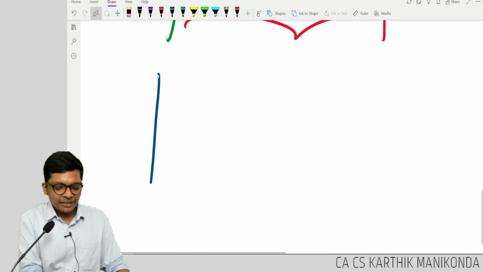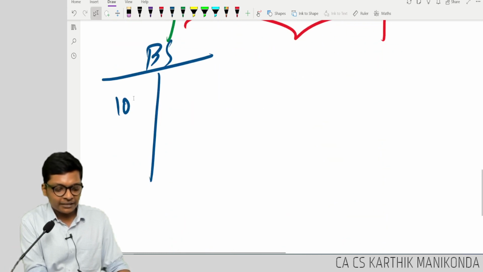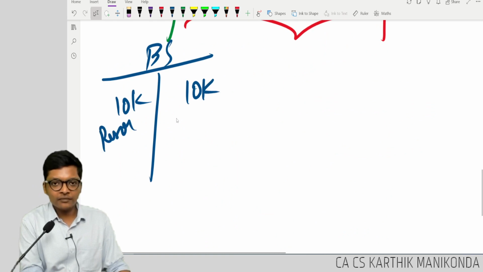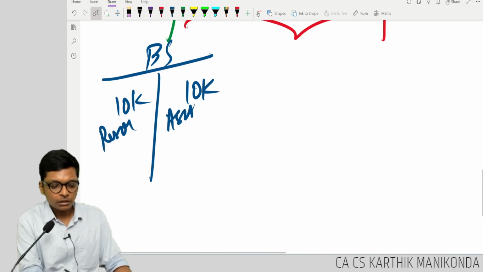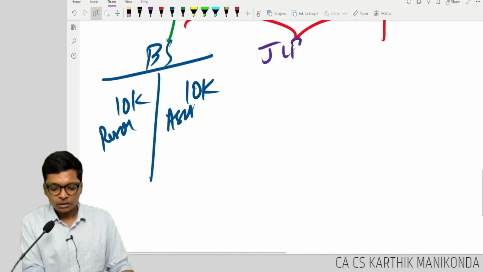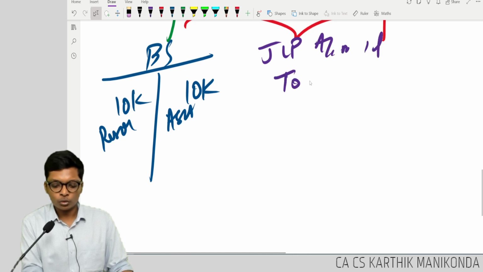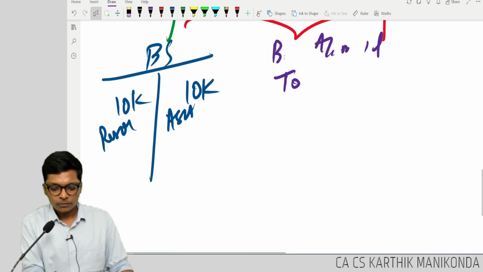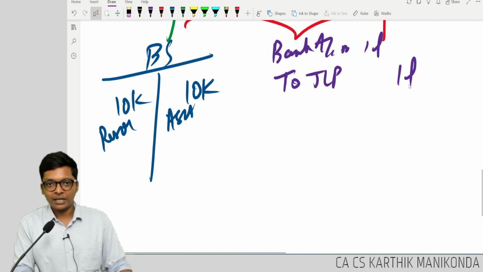In third method, in the balance sheet itself, I have here 10,000, here 10,000. This is reserve, this is asset. So when I get the JLP money, my first entry will be bank account debit to JLP 1 lakh.